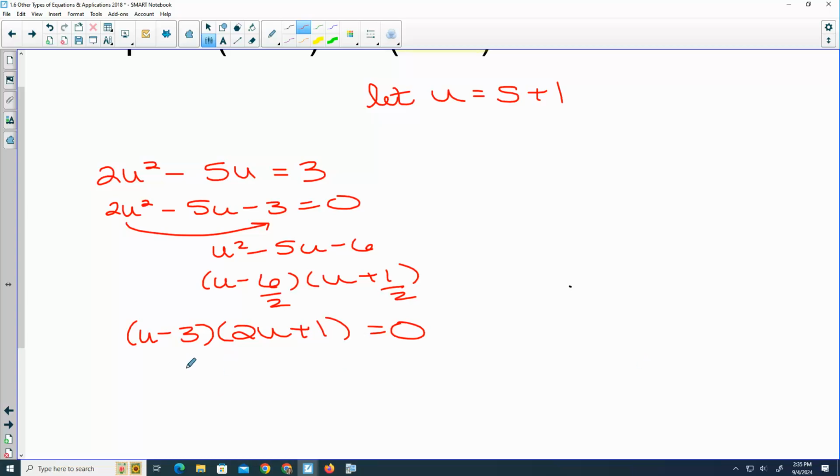Alright, now what would we do? You set them equal to 0. You can either go ahead and replace this now, or you could just solve for u first. Either one will be fine. If we just solve, we get u to equal 3 and negative 1/2.